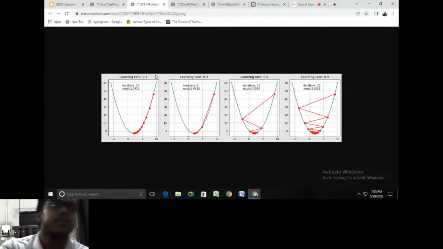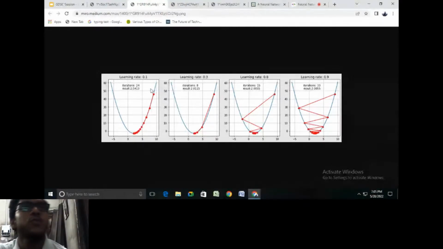But as we go from one iteration to two, to iteration number 3, 4, 5, we can see that the gradient of this function is lowering. So as we approach the minimum, the gradient is also decreasing. So till the result is reached, it will take around 24 iterations.